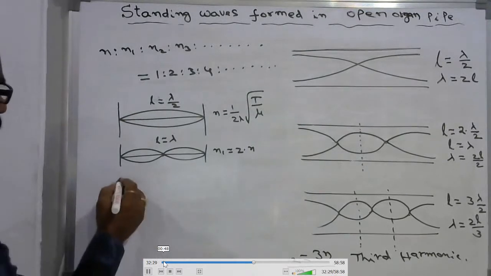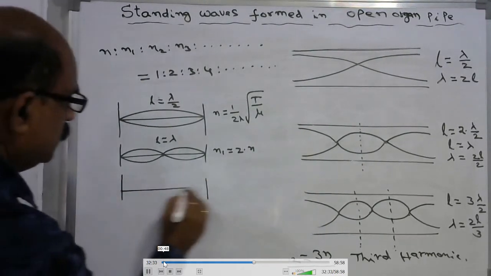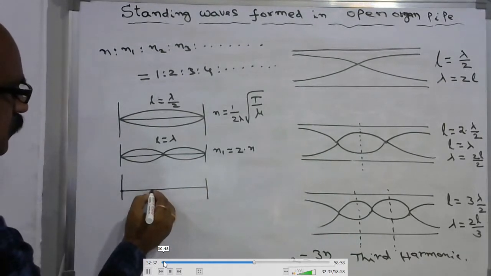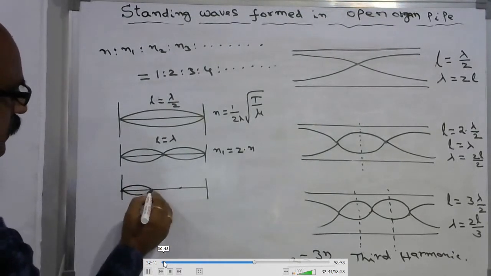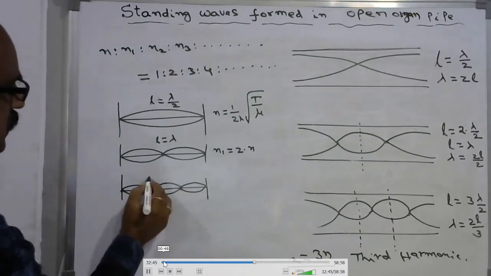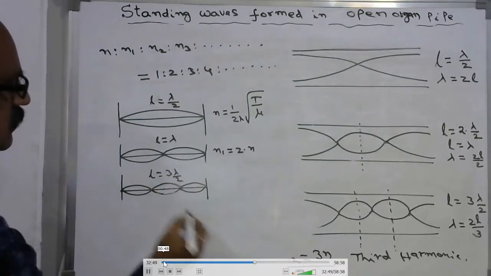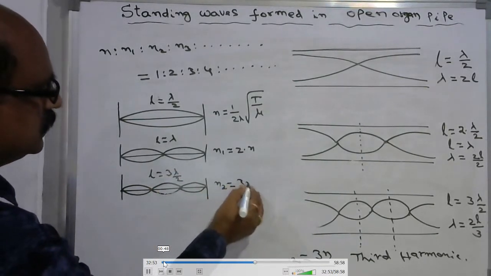And now let us go to the third mode of vibration, where you will be getting one node, this is how, 3 loops. Here you are getting 3 loops. So the length corresponding to this is 3 lambda by 2, and the frequency corresponding to this is 3n.